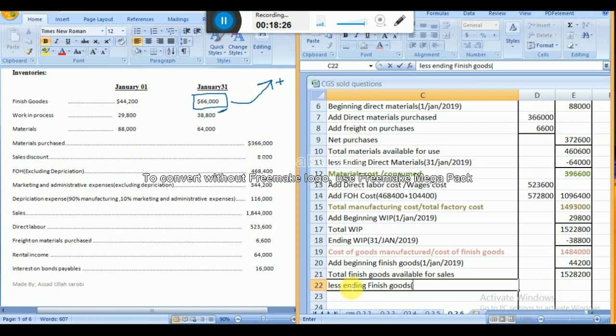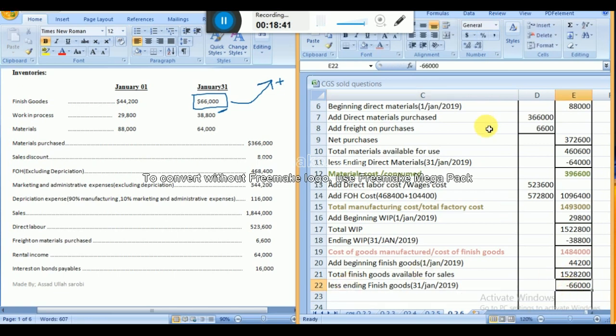Ending finished goods means on 31st of January 2019. Clear now? How much? We will subtract it. $66,000 finished goods remain, which is unsold, that is not sold out in the month. So how much goods did we sell?